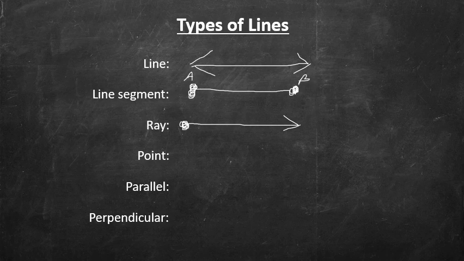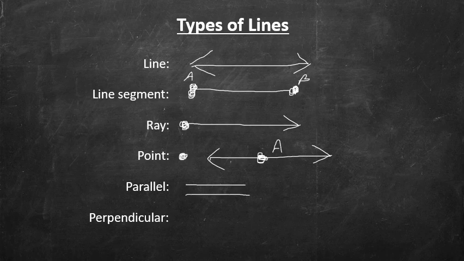A point looks a lot like a decimal, but it's not a decimal. In geometry, a point can be placed on a line to show that point's position. Okay? So I can label this point as point A.